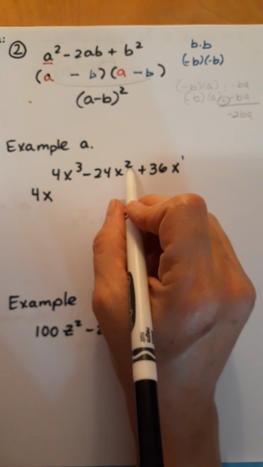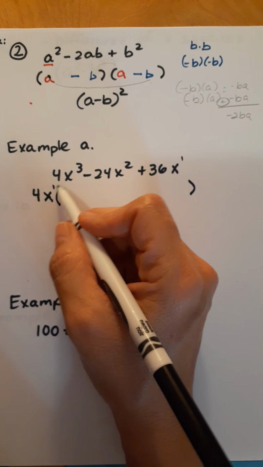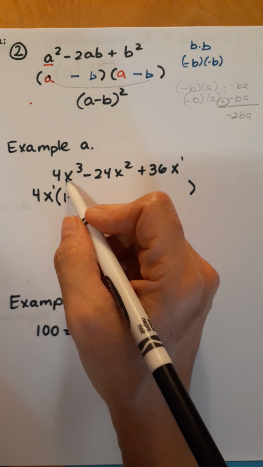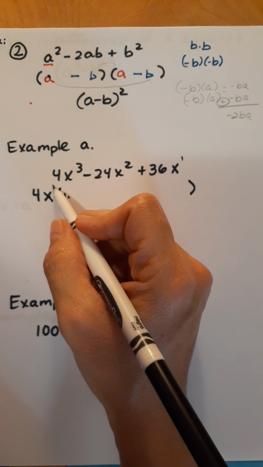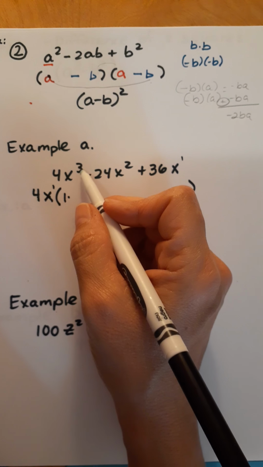We open up our parentheses, and now we can rewrite this. 4 times what gives me 4? And that would be a 1, just to make it super clear. And x times x to the 3rd. Now this would be, if you want to think of it as x to the 1. And we know when we have the same base and we're multiplying, we can add the power. So 1 plus what will give me 3?